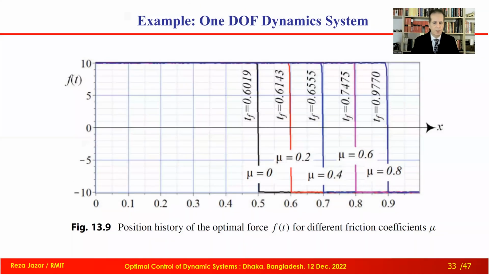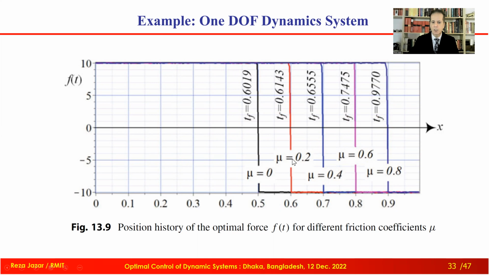Same problem, different view. It is the f value on the vertical axis, x value on the horizontal axis. That's the best, because x was supposed to be between 0 and 1 meter, or 1 unit of displacement. When mu equals 0, we exactly switch at 0.5, as you can see.